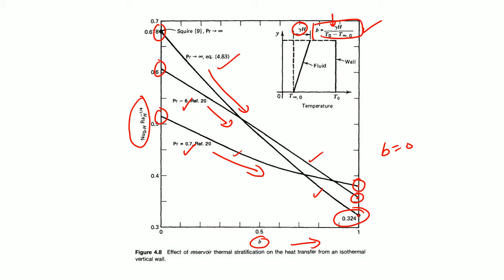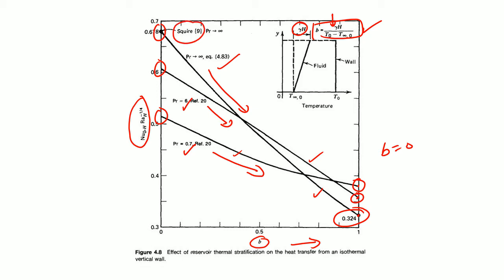The only thing that we can say is that there is a gradual decrease in Nusselt number as the stratification degree, which is B, actually increases. So, in the isothermal reservoir limit, they fall slightly below the corresponding results of Square. Square was a more analytical solution.